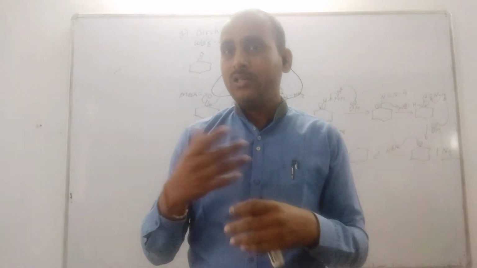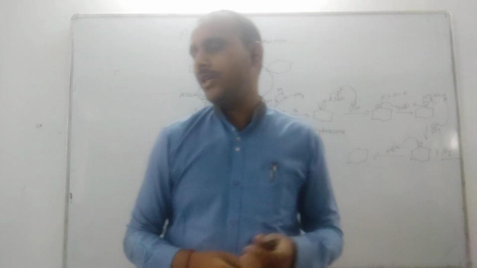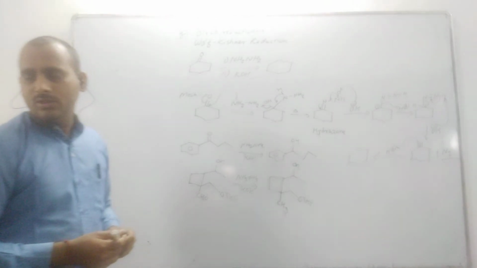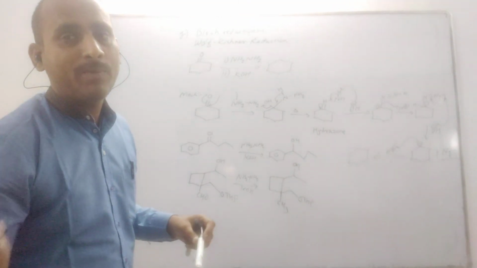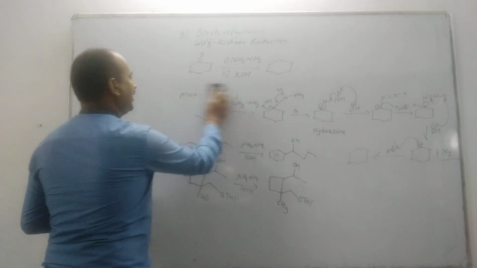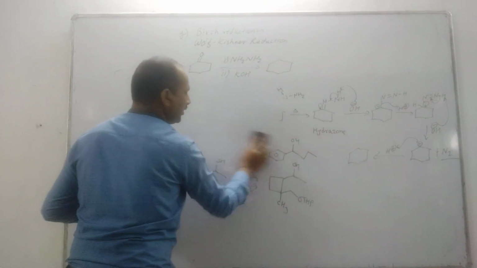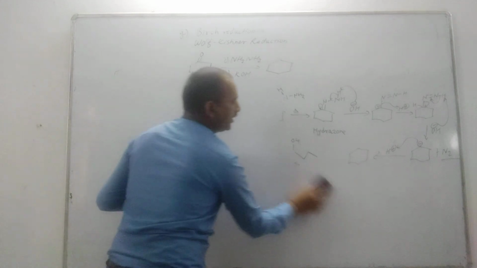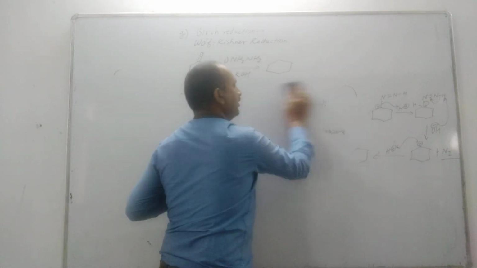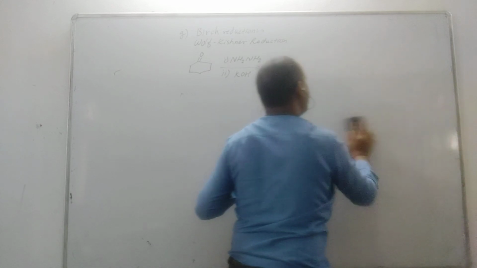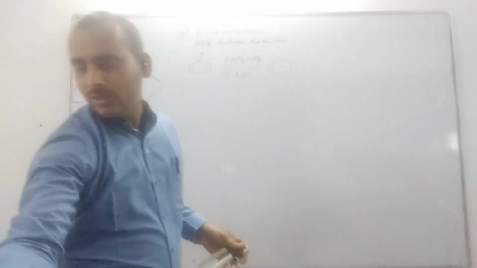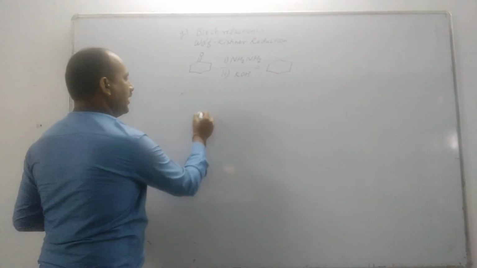Okay, let's see more examples in which there is a carbonyl group as well as an amide group present. The amide does not reduce, but the carbonyl group gets reduced by using hydrazine and KOH. So let's see the example of this reaction.